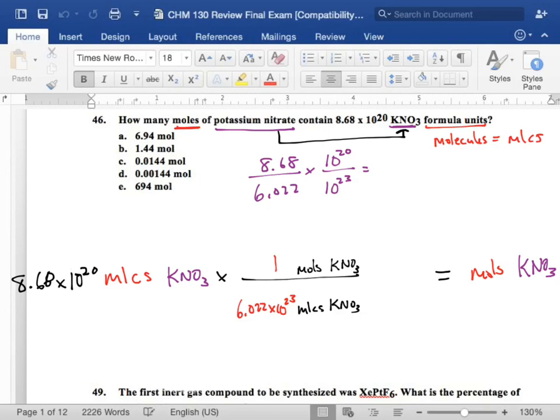So 8 over 6, I'm at 1 and change, some numbers that I don't know because I don't have a calculator, times 10 to the minus 3, which means my number, if I'm going to shift decimals, 1, 2, 3, I should have 2 zeros, 1, some numbers.